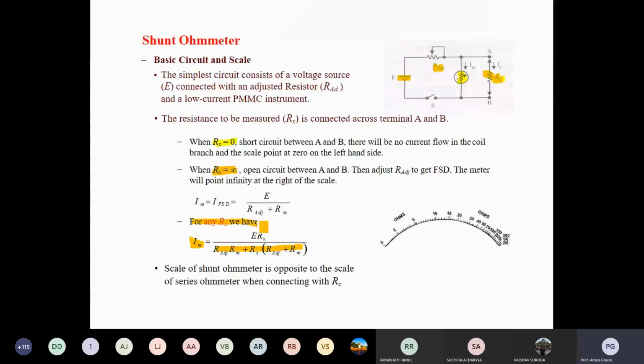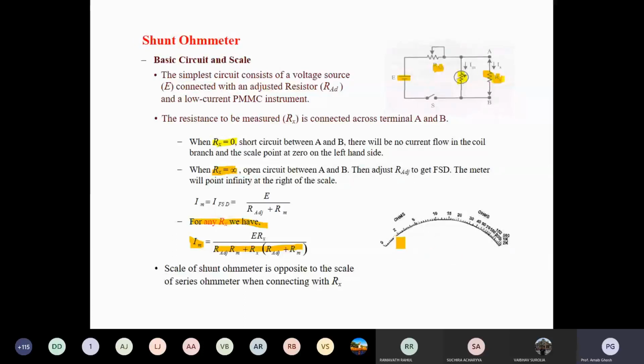The scale of the shunt ohmmeter is opposite to the scale of the series ohmmeter when connected in Rx. In the series configuration, the initial positions are much more concentrated compared to the final position. In the shunt configuration, reversing is there.